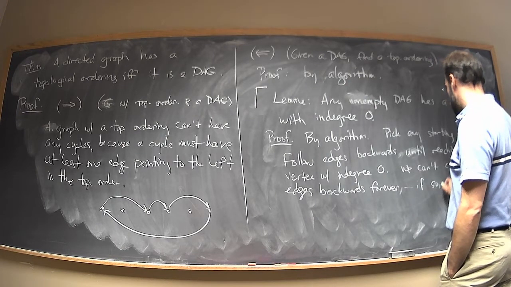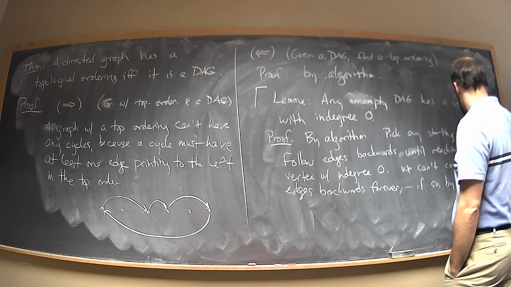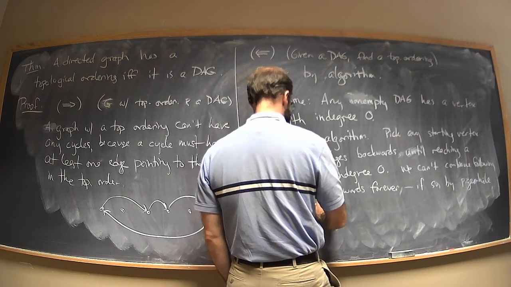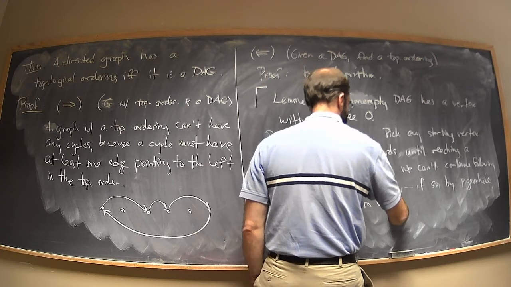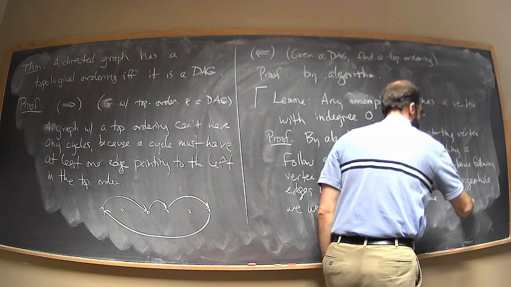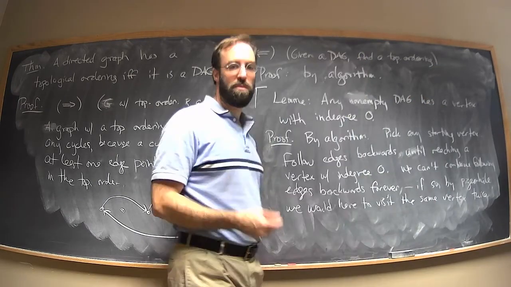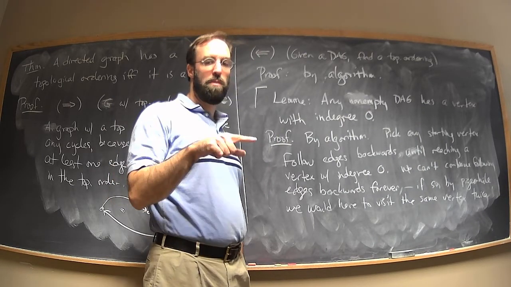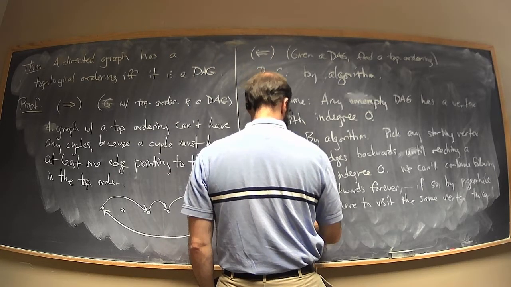By the pigeonhole principle, we would eventually visit the same vertex twice. But that would make a cycle, because we're always following edges backwards. If we ever came back to a vertex we'd been to before, we would have made a cycle.